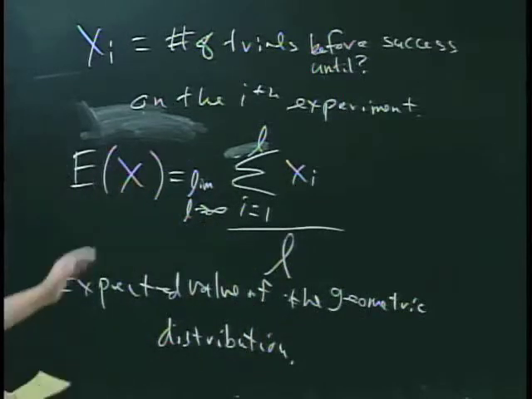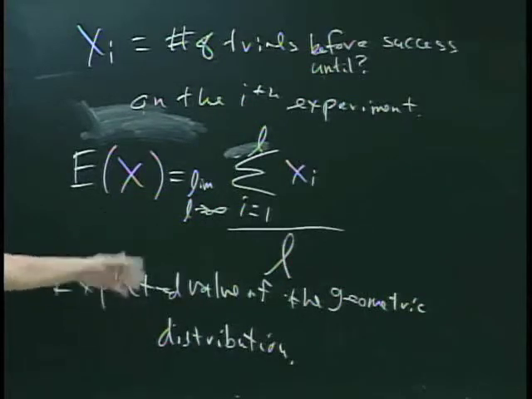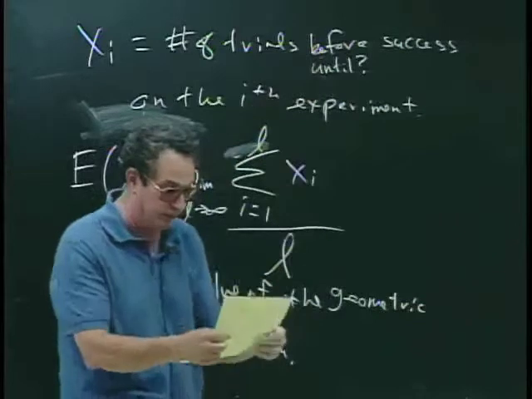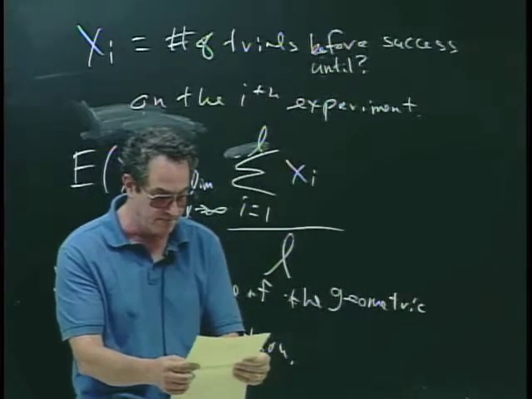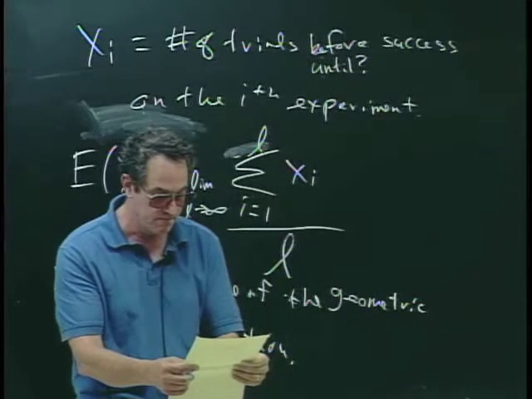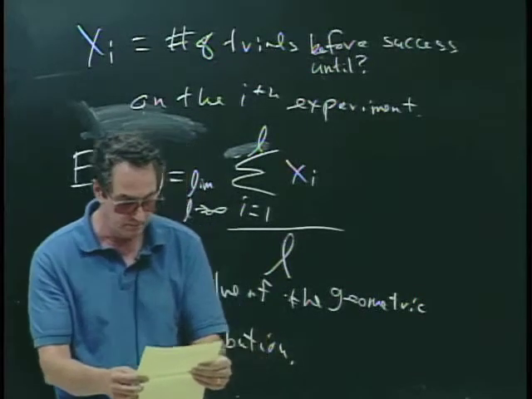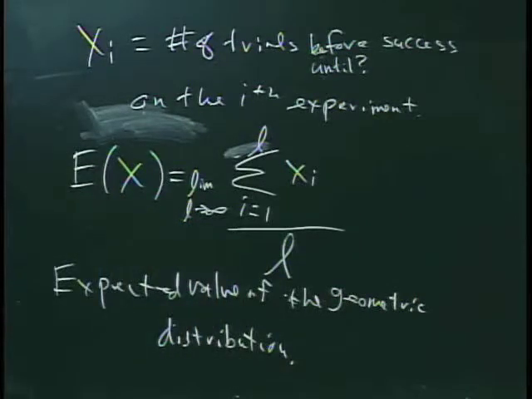So everybody understand what this is, modulo this ambiguity of whether we're talking about before or until. And I think when we set this up, then we'll be able to answer the question of which it is.